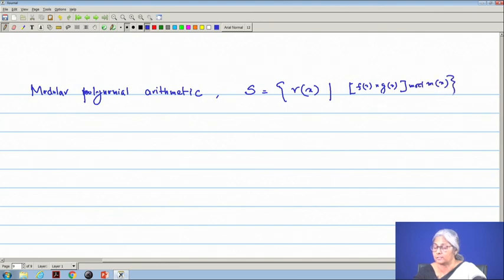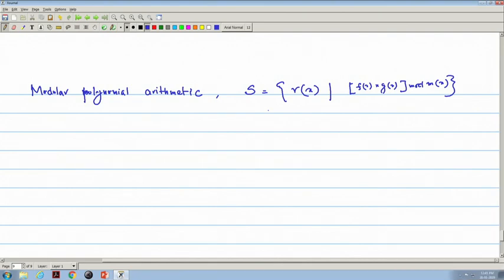So, this is the set, and it is totally similar, and we will now be using this set to form a field.